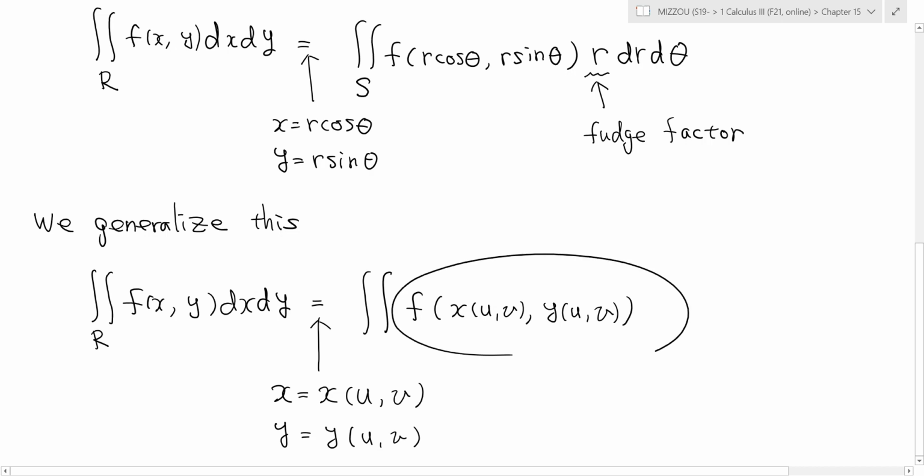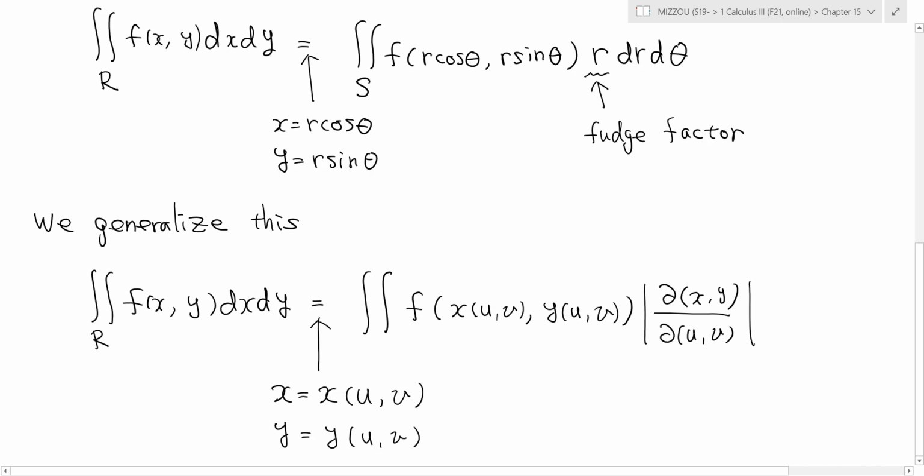So this entire expression is a function of u and v, and then we need some fudge factor, and that fudge factor is the absolute value of a symbol like this. I'll explain this. And then du dv.